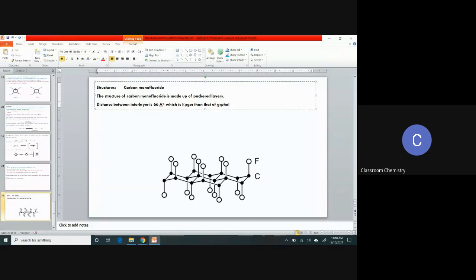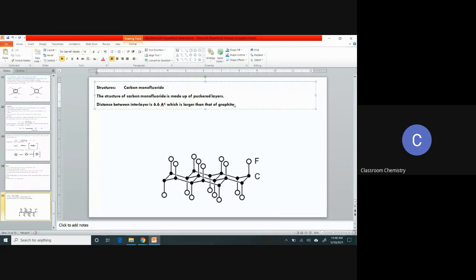In graphite there is a layered structure, and this layer is puckered in both black phosphorus as well as in carbon monofluoride. So the distance between interlayers is about 6.6 angstrom, which is larger than that of graphite. This is the point about the structure, and it may be because of fluorine substitution.